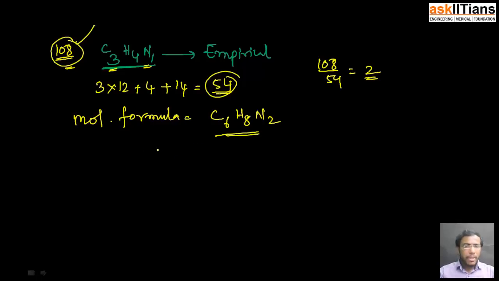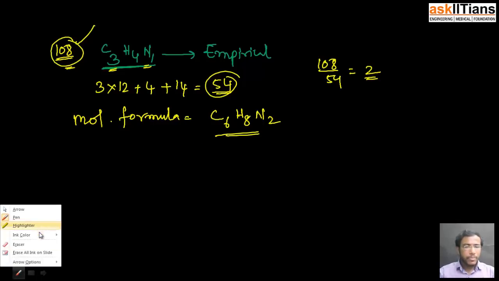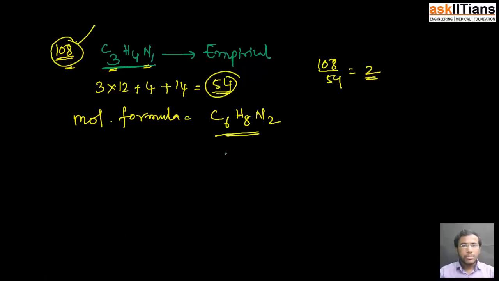If I summarize, we have seen what different kinds of questions can be asked in the basic concepts of chemistry. There are some theoretical questions they may ask you, and most of the questions you will find from this chapter are numerical questions, based upon the concentration terms, that is normality, molarity, molality, mole fraction and all that.